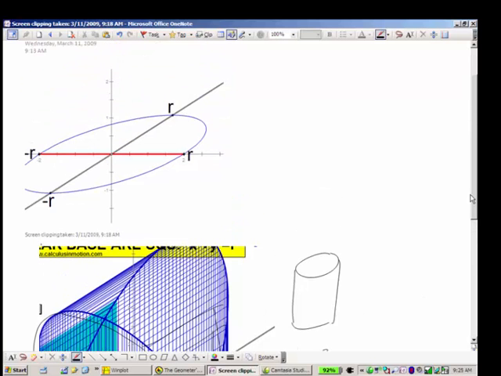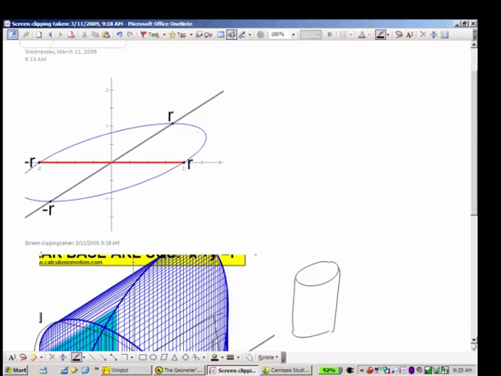Okay, so we can find s. s is this whole distance. Now, if I were to ask you what just that distance is, what would you tell me that distance is? Alicia? That's a y value, right?